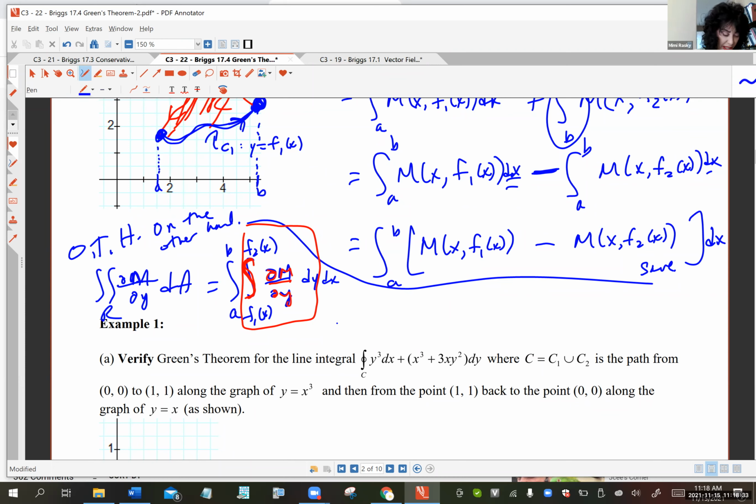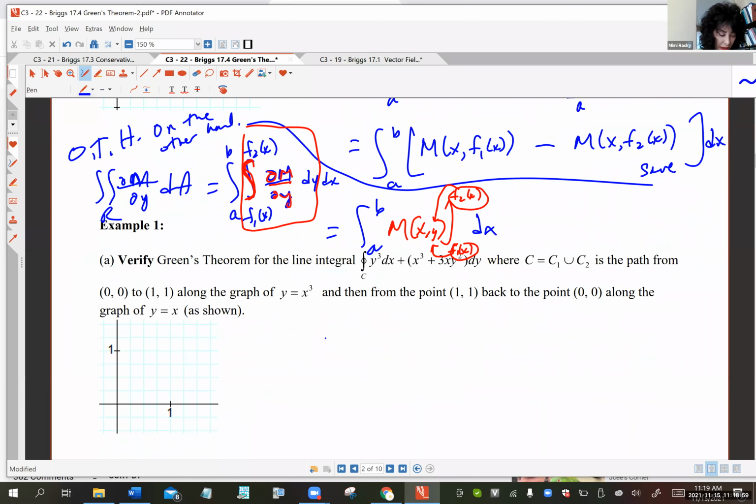So we still have the outermost integral a to b, dx. But what we have in that innermost integral is M(x, y), and we're going to evaluate it going from a lower limit of f1 of x to an upper limit of f2 of x, like that. And then we substitute these into the y, since we just integrated with respect to y.